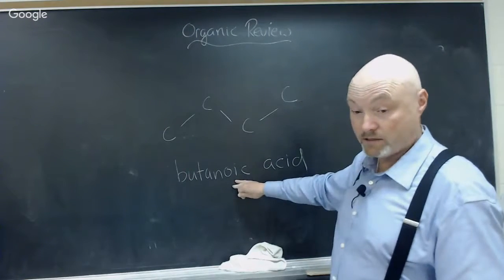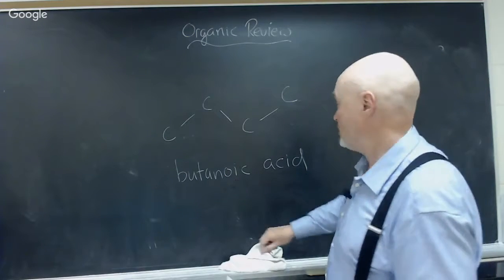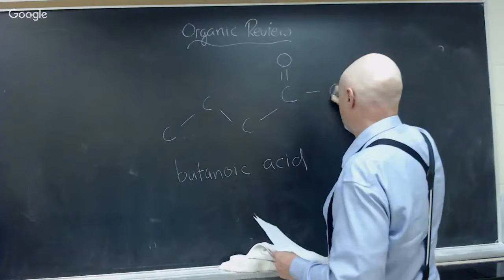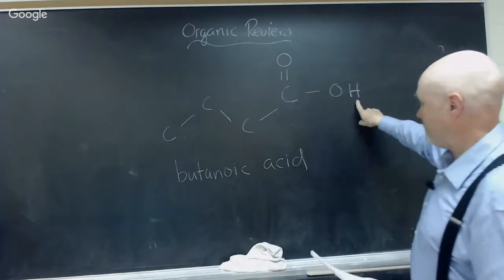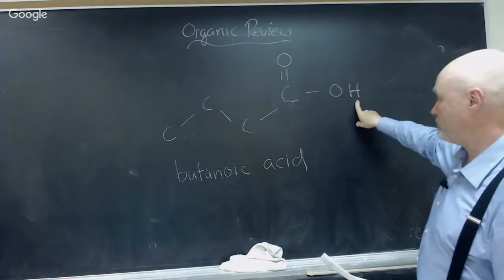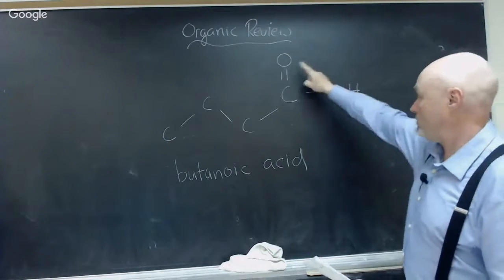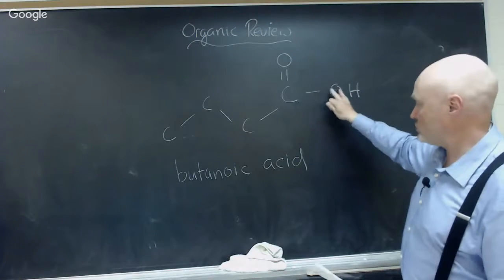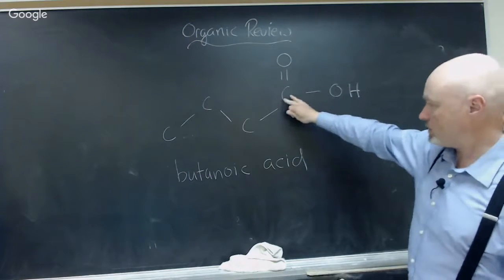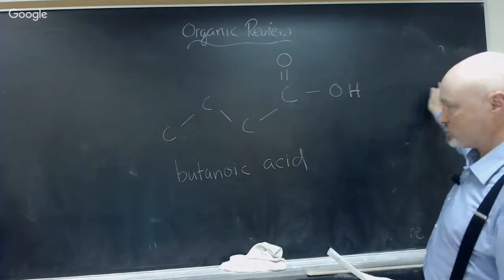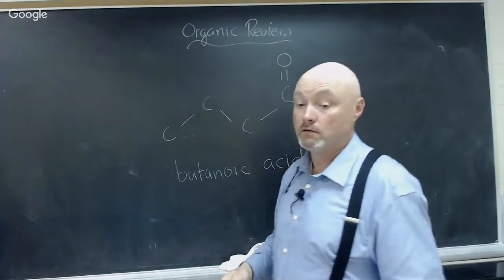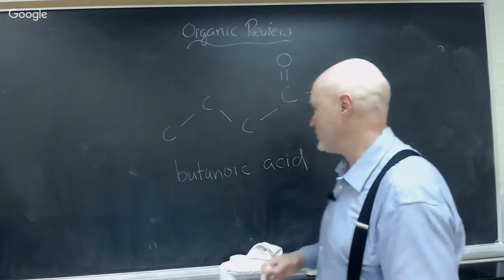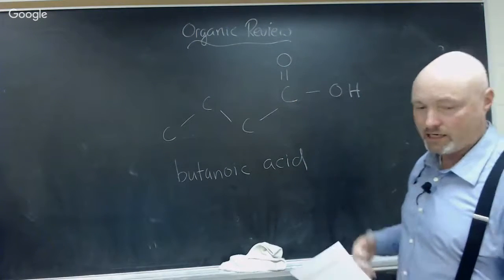So these are the carboxylic acids. Carboxylic acids have that double bonded O and then an OH, this hydroxyl group. This is actually an acid because the oxygens are taking a lot of the electrons away. This hydrogen breaks off fairly well, not super easy, but it makes it into an acid basically. So when you put it in water, you're going to generate some hydrogen ions.